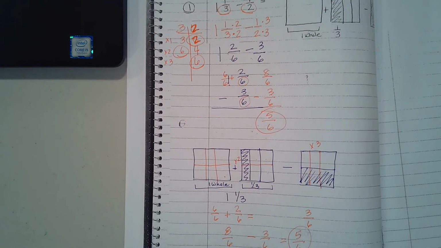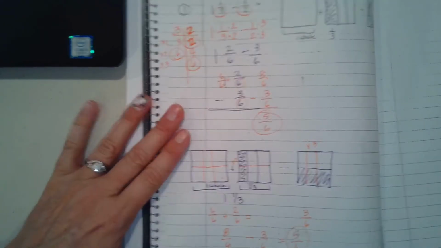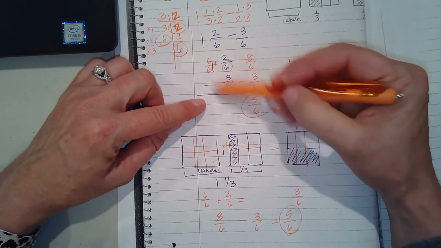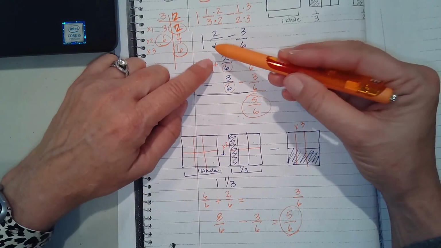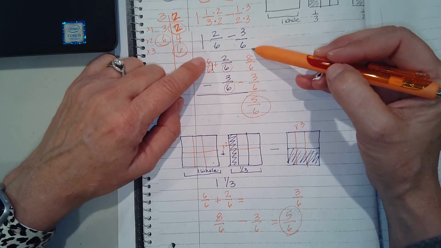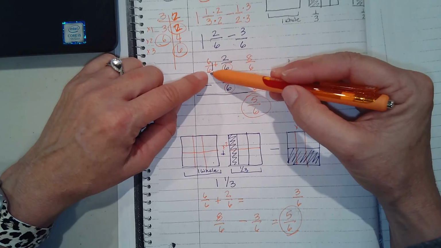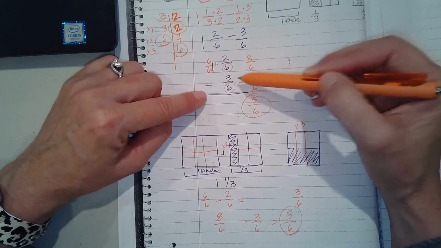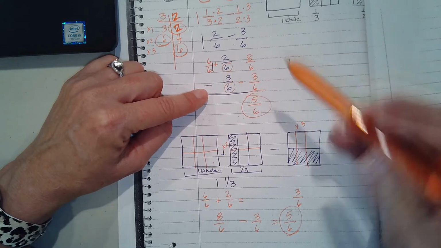And that is a way for you to connect with based on what we've been doing. This is very algebraic. I just know that this is 6 over 6 because I know I'm working with this denominator. So 6 over 6 plus 2 over 6 is 8 over 6. And then I have 3 over 6.